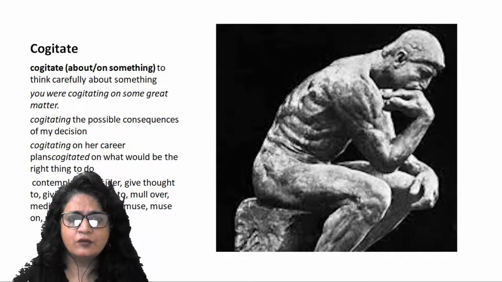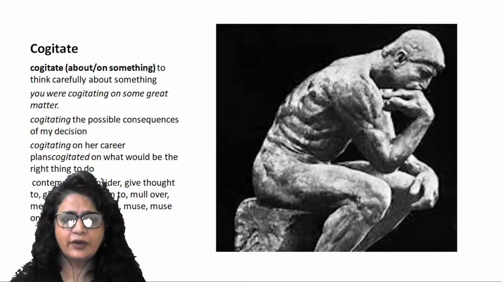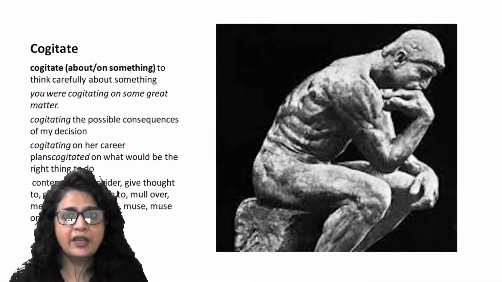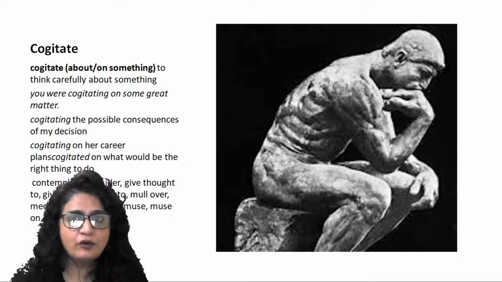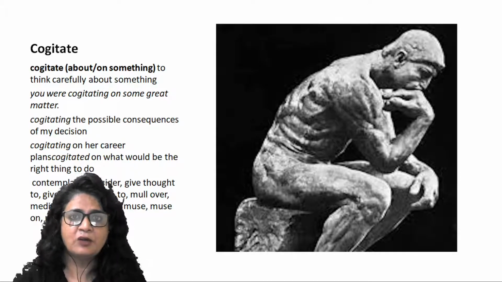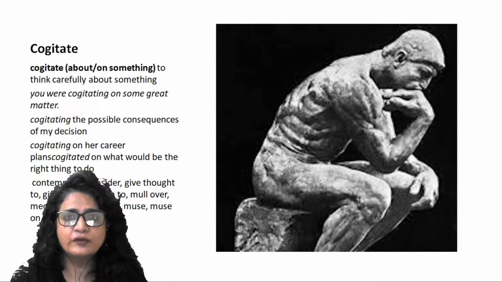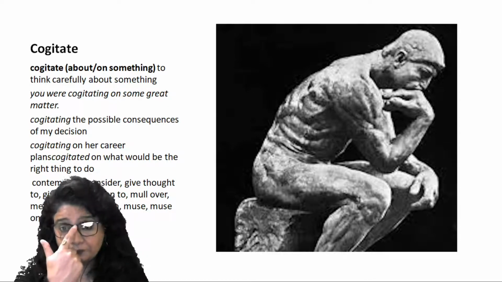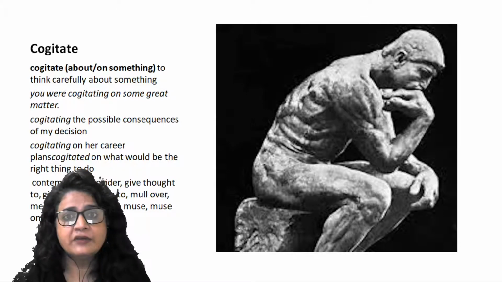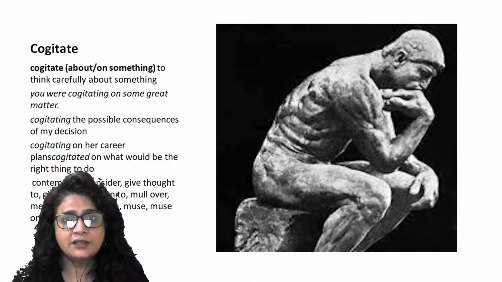Plans cogitated on what would be the right thing to do, right? So meditate, mull over, contemplate, ruminate, ponder over, all these are synonyms of cogitate. So remember COG, root word, this comes from brain. Your cognitive ability is the ability to understand things.